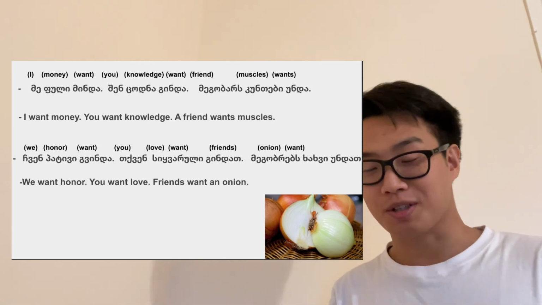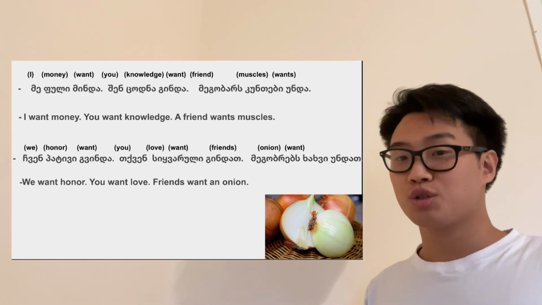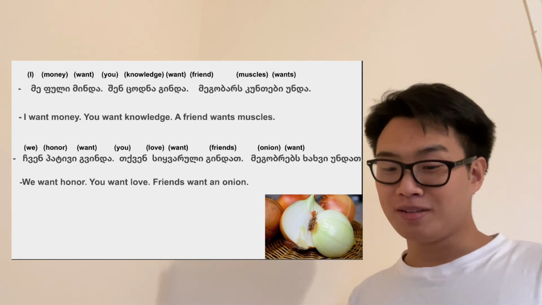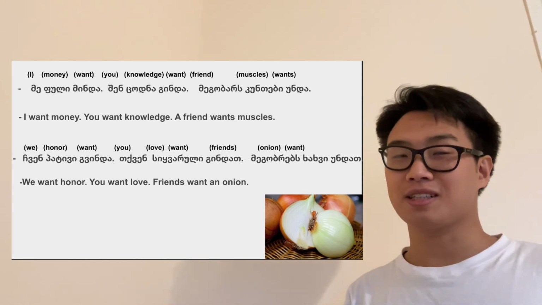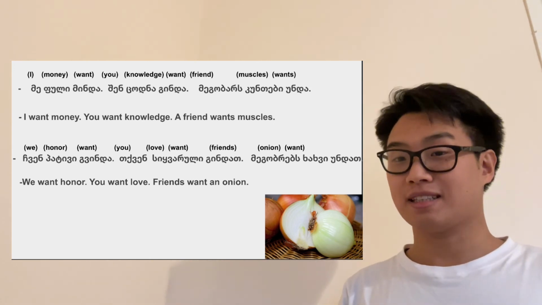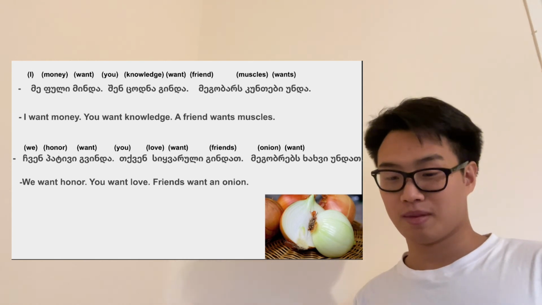Next, we want honor. Atibi. Chuen atibi gvinda. Okay. And next, chuen tsiqorili gindat. You want love. Plural form, gindat, not ginda. Shen gindat. Chuen gindat. Right. Tsiqorili gindat.